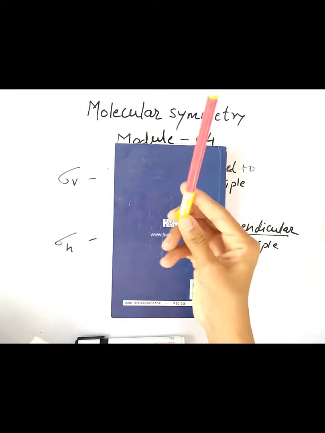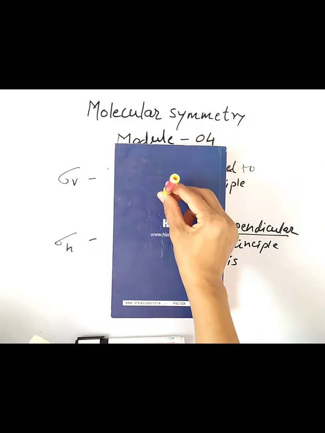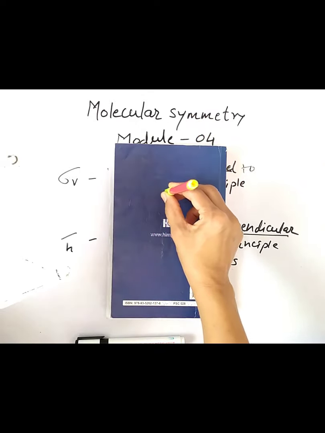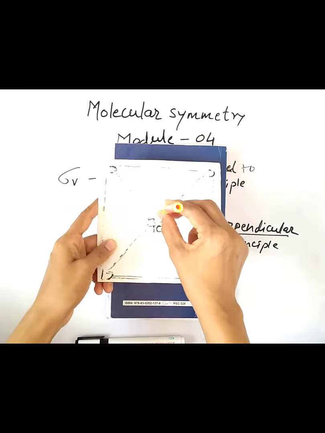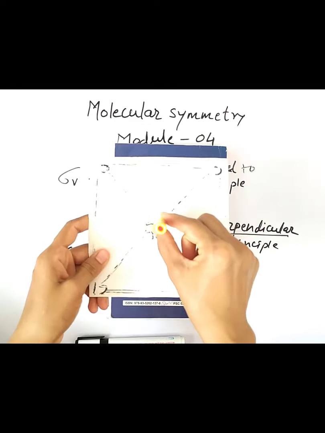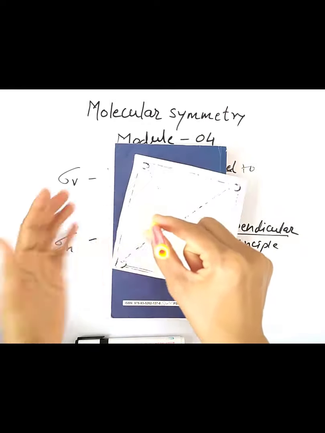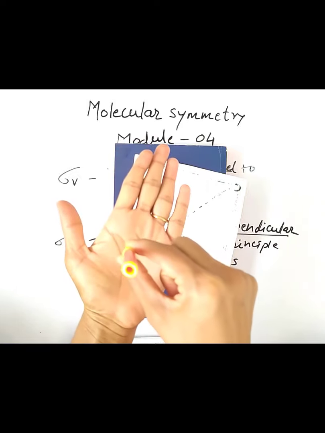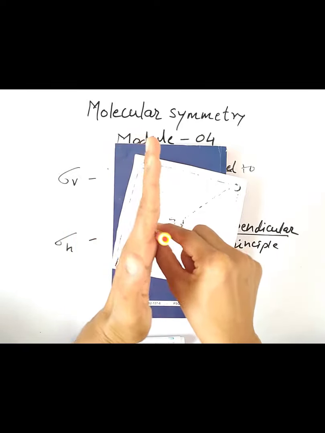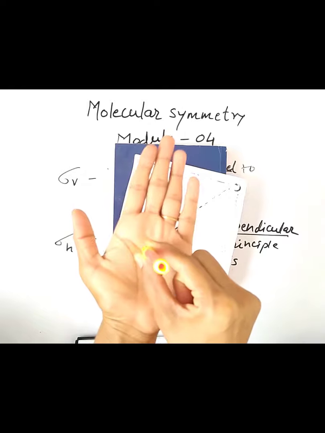Another way, if we are passing the principal axis like this and the plane we are passing like this, what's the position? They both are perpendicular to each other.